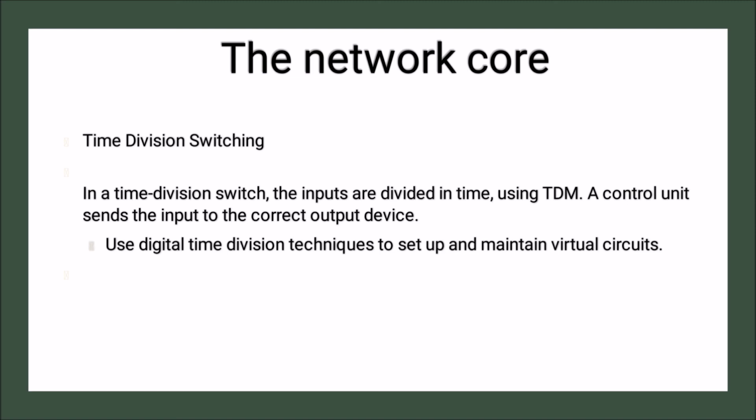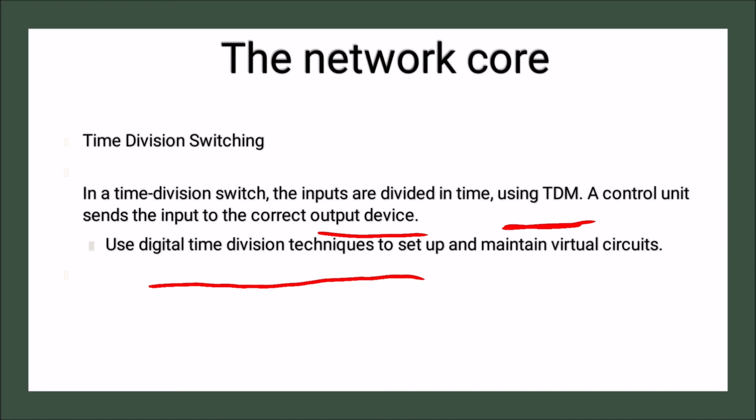In a time division switch, the inputs are divided in time using time division multiplexing, TDM. A control unit sends the input to the correct output device, and it uses digital time division techniques to set up and maintain a virtual circuit.